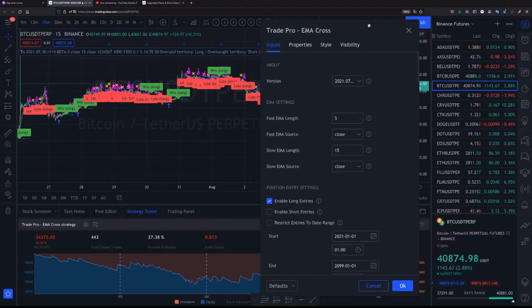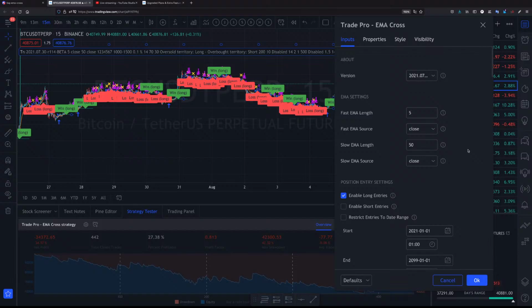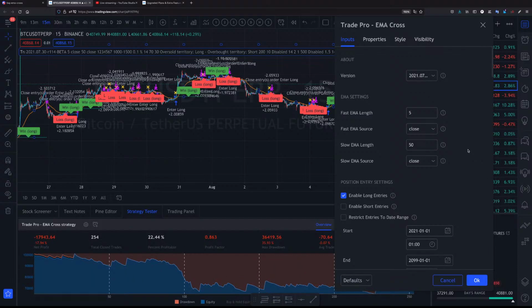Let's see. Okay. Let's increase the slow EMA. That will definitely reduce the number of trades.